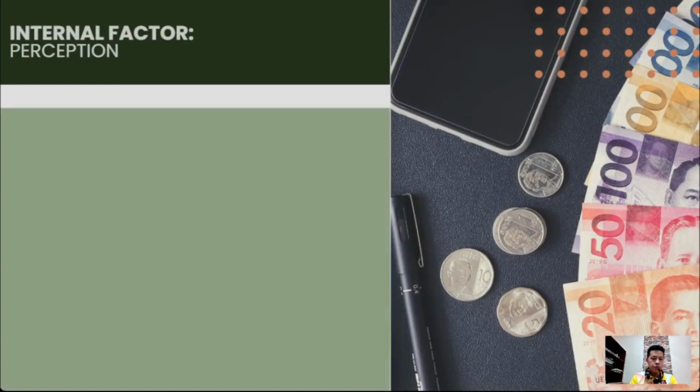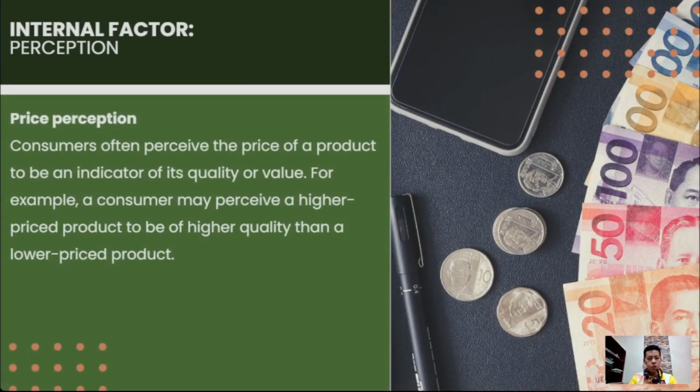Now, another one is price perception. Consumers often perceive the price of a product to be an indicator of its quality or value. For example, a consumer may perceive a higher priced product to be of higher quality than a lower priced product.